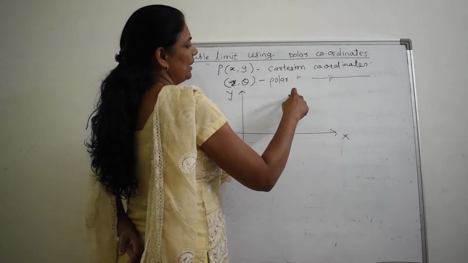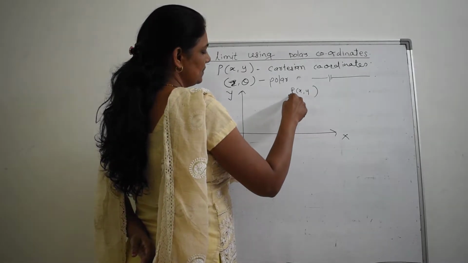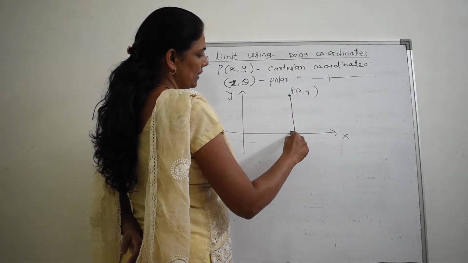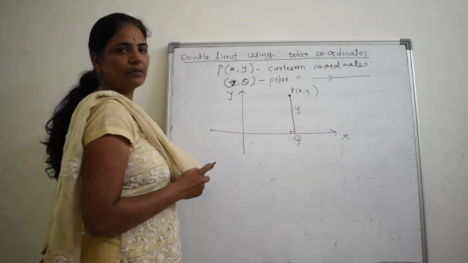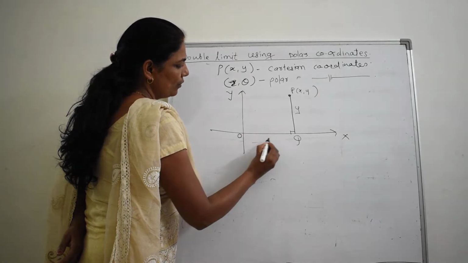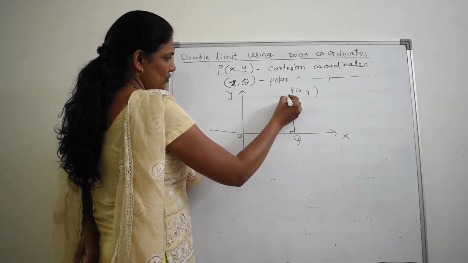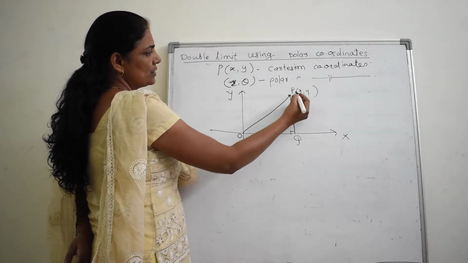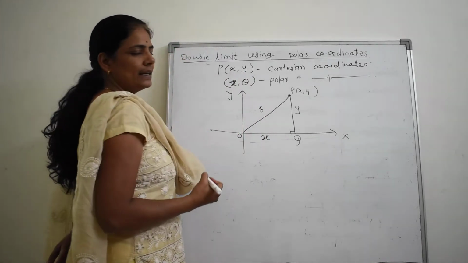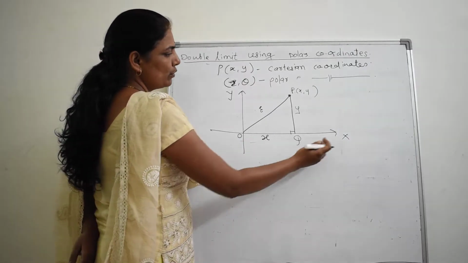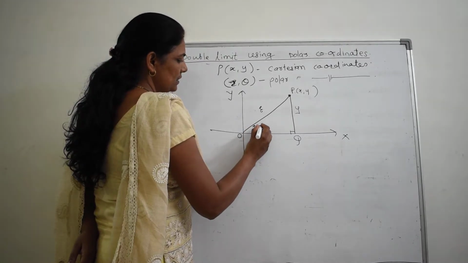Suppose this is a point P. If we draw a perpendicular on the x-axis, say PQ, this distance is the y coordinate and OQ is the x coordinate. Similarly, join the points O and P. The distance of the point P from the origin is its first polar coordinate, r, and the second polar coordinate is the angle XOP, which equals theta.